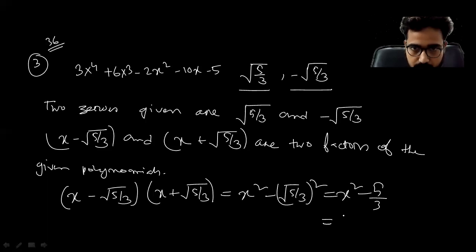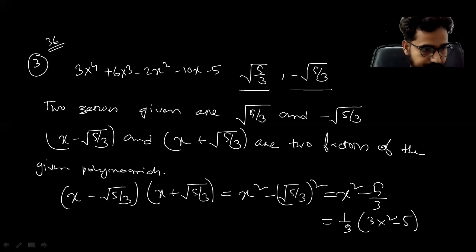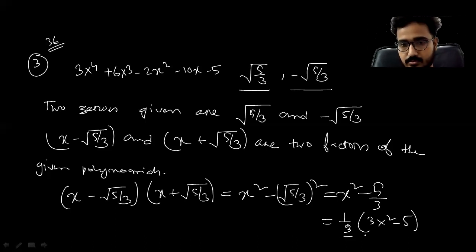You can write it like this: 1 by 3 common, then it will be 3x square minus 5. Yes or no? Since you take 1 by 3 common, these two will be the factors of this polynomial.